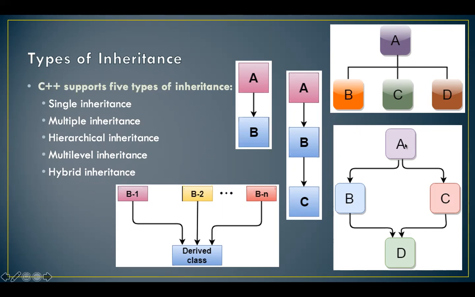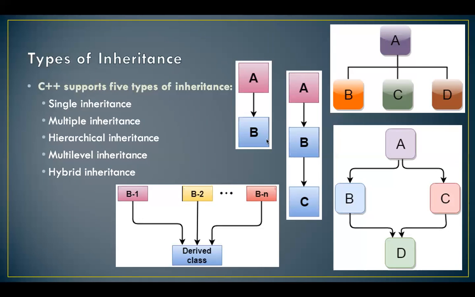Multi-path how? From A we can go to D via B, and from A to D we can go via C. So we have two paths available. We can go via B as well as via C. So this is also called multi-path inheritance. Which one? Hybrid inheritance. Hybrid inheritance is the combination of, as I told you, multiple inheritance and hierarchical inheritance.